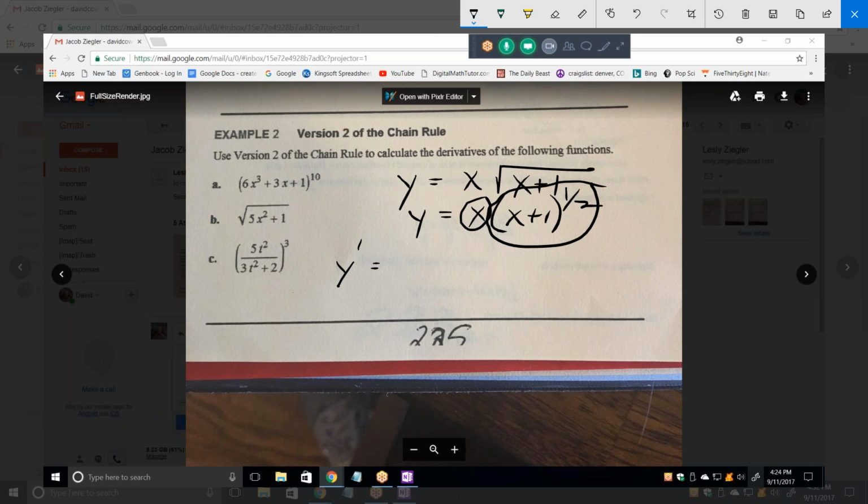Okay, so it would be 1. No, so just always start with that, x. I know you can do it either way. That will just confuse you. If you always start with the first function, you're going to be better off. Now take the derivative of v.